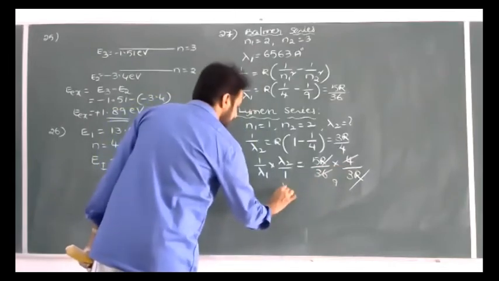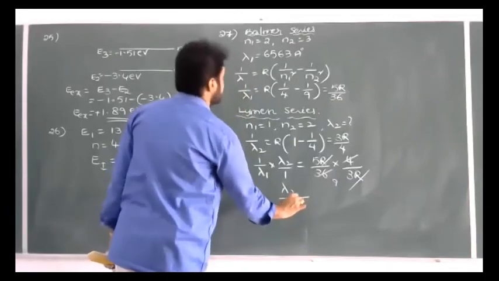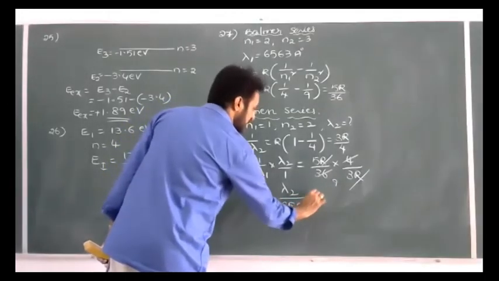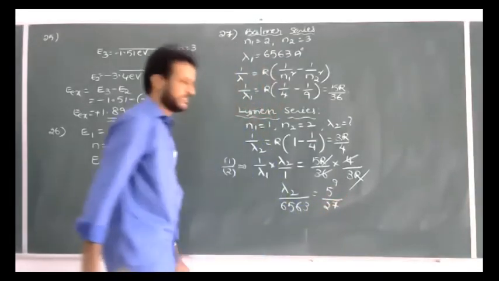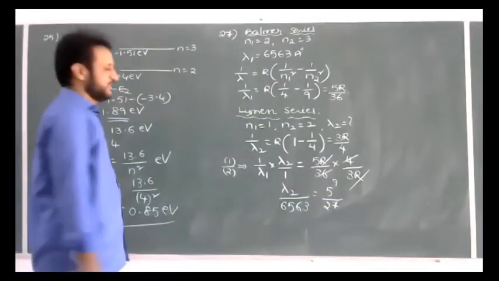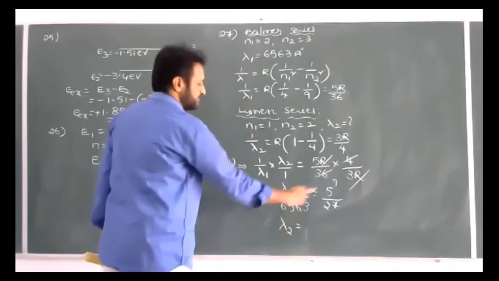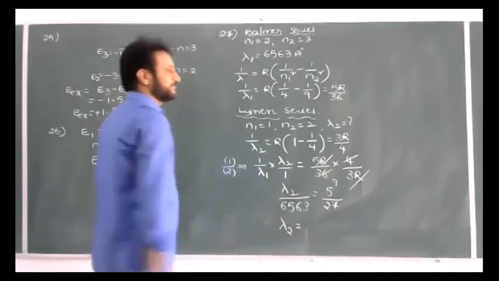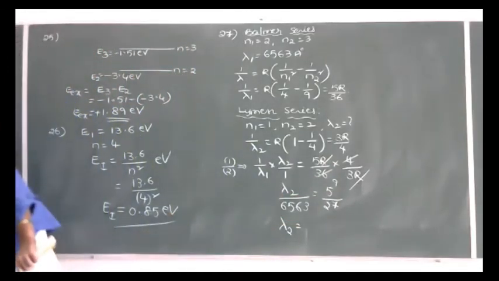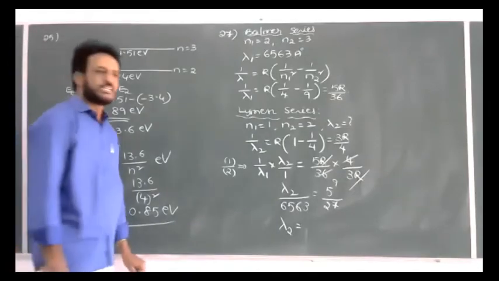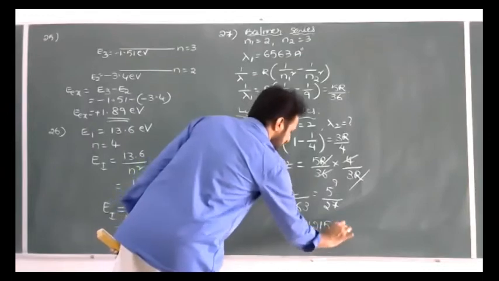Therefore, lambda 2 by lambda 1, with lambda 1 already given as 6563, equals 5 by 27. Taking the value to the right side, lambda 2 is equal to 5 into 6563 divided by 27, which is 1215 angstrom approximately.